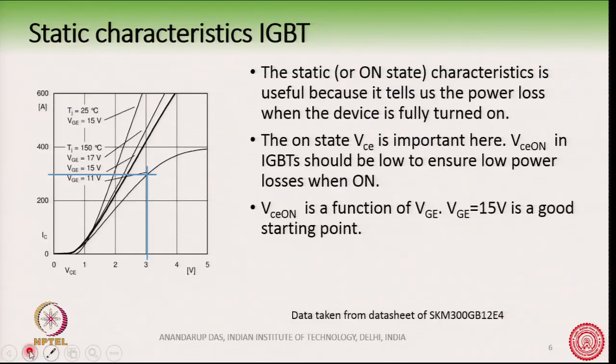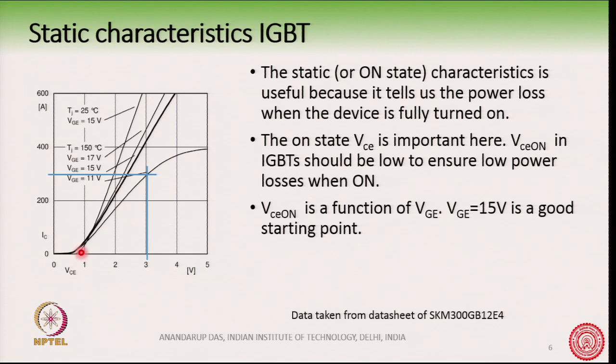How do I know what will be the behavior of the device when it is fully turned on? In order to understand, suppose we take an example of an IGBT first. Here we see a curve of the collector current IC versus VCE, that is the collector emitter voltage.